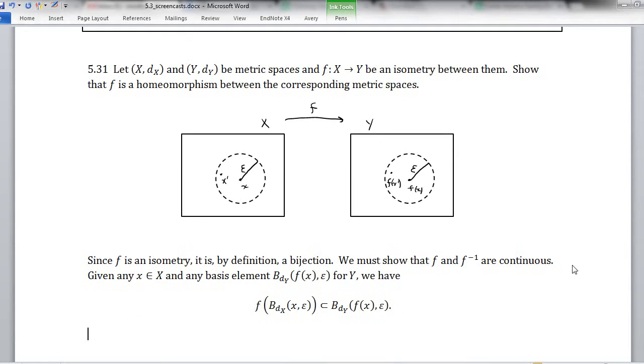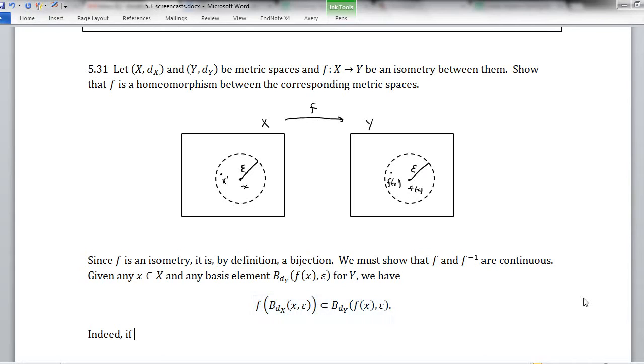So let's double check that, or explain why it is. In our picture up here, if we have any x prime in this ball and we apply f to it, I need to show that we end up inside of this ball.